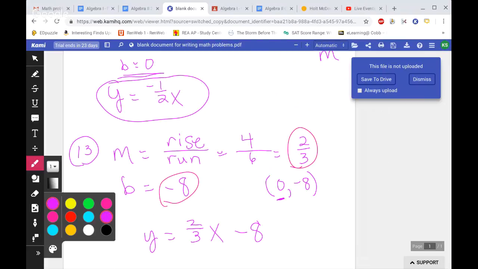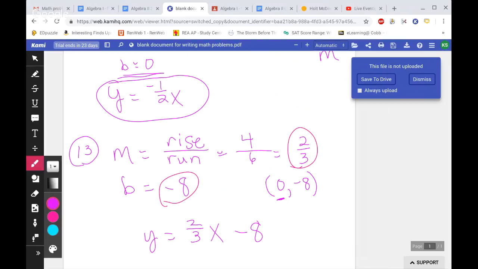Miss Sparks, is number 10 through 15 the same thing as 18 through 23? Let me look. Yes, the difference on 18 through 23, really good question, is this time they're only giving you the points.